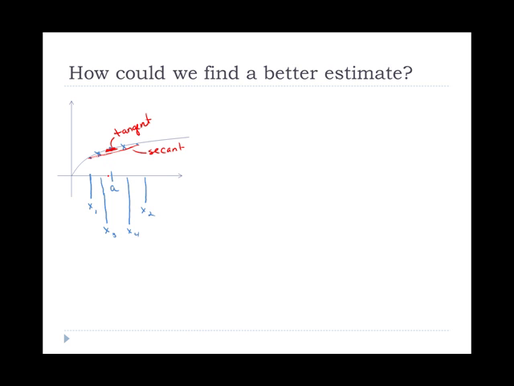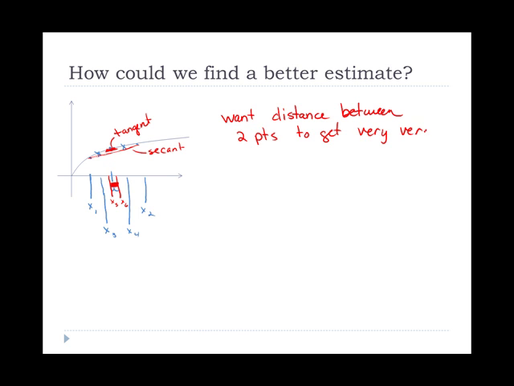So we want our 2 points to be so close together, so maybe x5 and x6, that they almost look like they are touching. So we want this distance right here, which is the distance between the 2 points, to get very, very tiny.